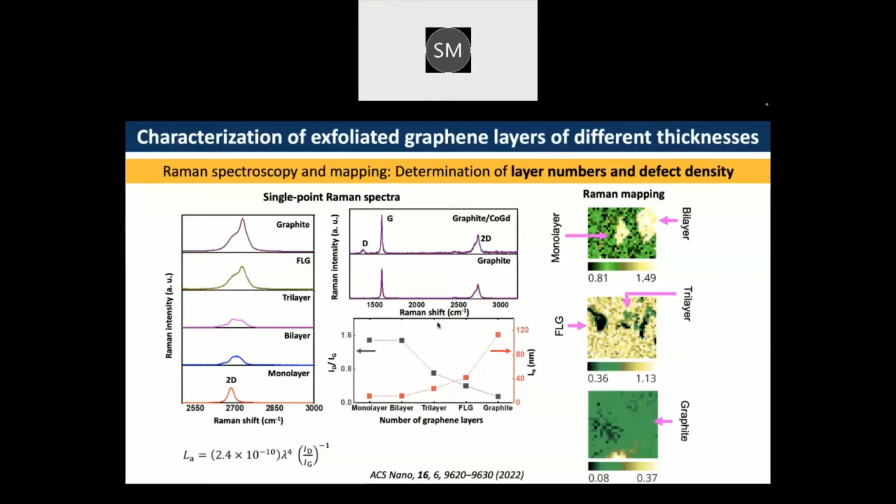To verify whether this is a uniform or non-uniform effect, we have also done Raman spatial mapping on each flake, and we have found that the spread of defects is uniform throughout each flake.